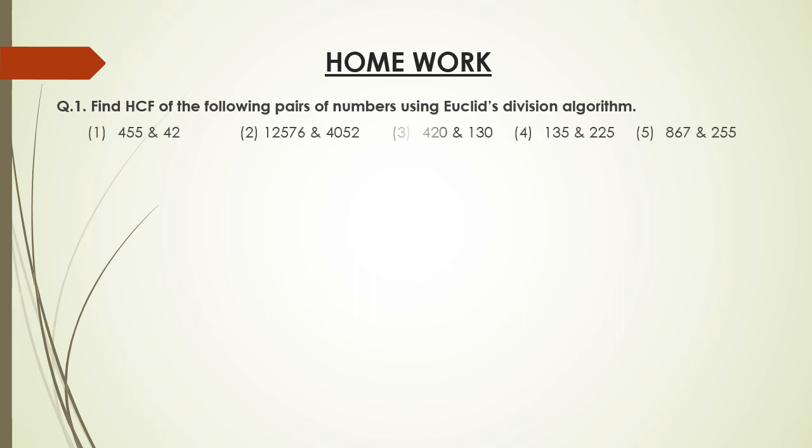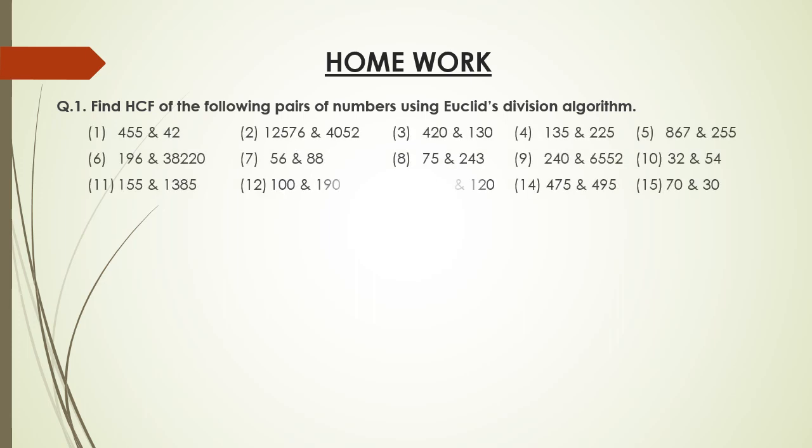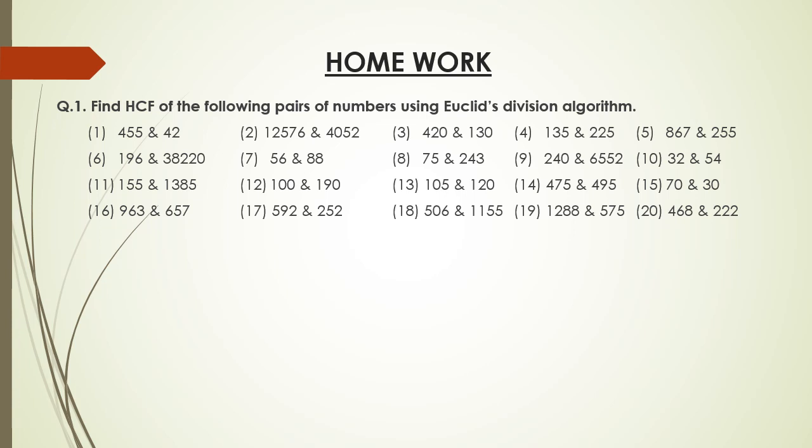Now, some questions for homework. The first question I have given is to find out HCF of the following pair of numbers. There are 20 pairs which are given to you, where you have to find out HCF of all these numbers by using Euclid's division algorithm.